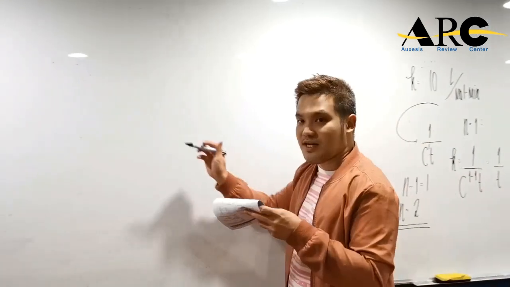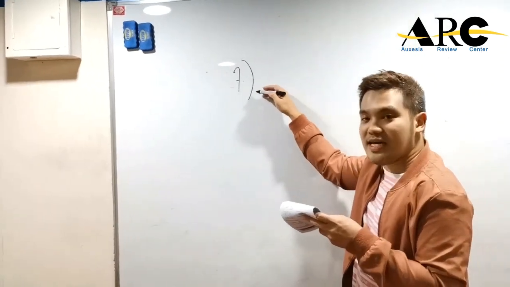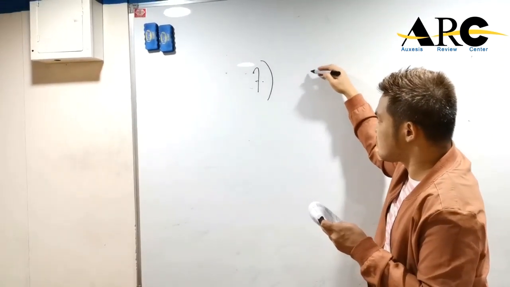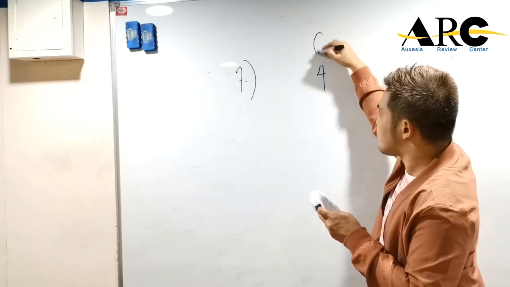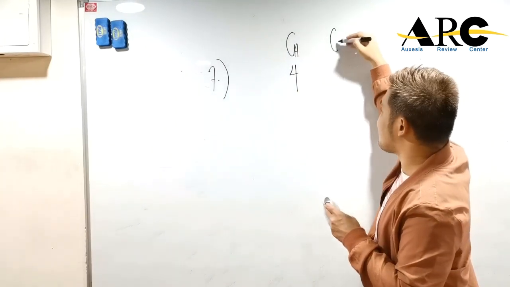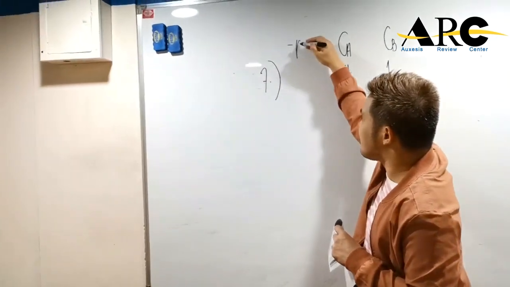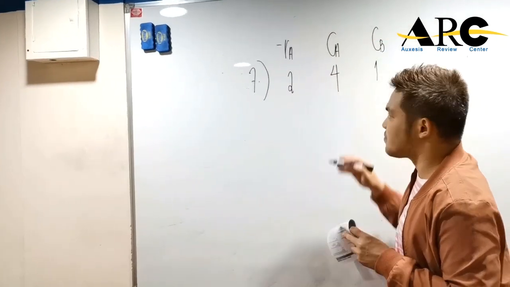So, sabi dito sa number 7, once daw na ang CA natin ay 4, once daw na ang value ng CB natin ay 1, ang value daw ng negative RA natin ay 2.